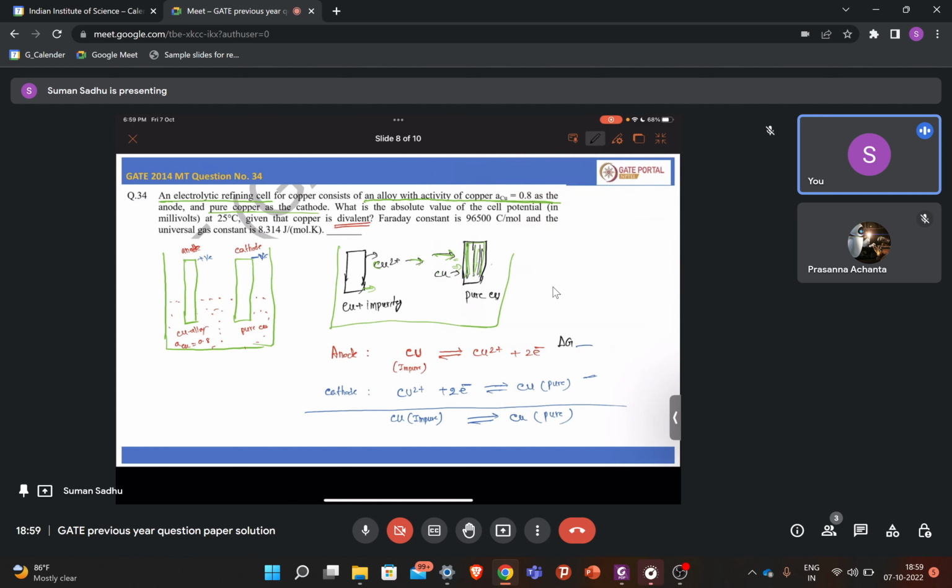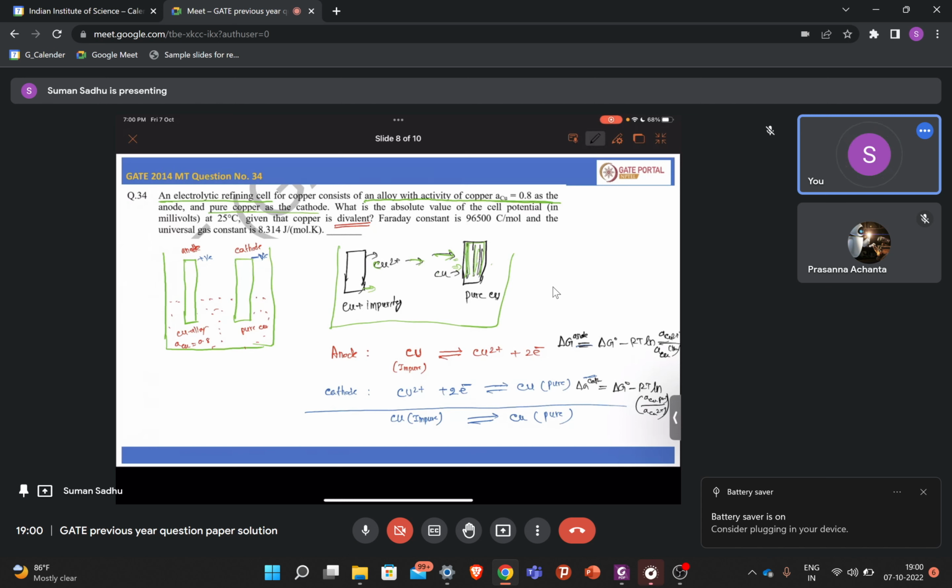Delta G for the anode is equal to delta G naught minus RT ln K, where K here is the activity of Cu2+ by the activity of impure copper. Similarly, delta G of the cathode will be delta G naught of the cathode minus RT ln of the activity of pure copper by the activity of Cu2+.